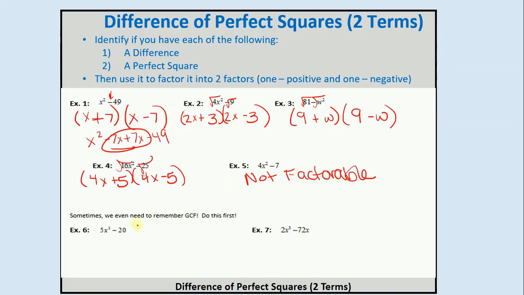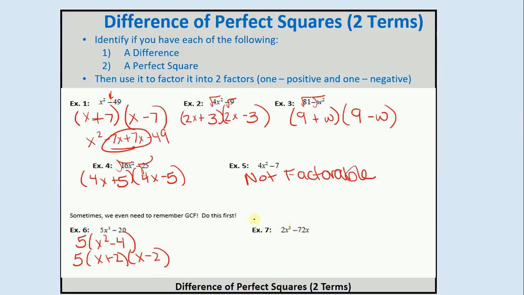Now, sometimes you need to take that GCF first. That's always something to keep in mind. Always look for a GCF. So it looks, guys, that I have a 5 common between those two. So I'll have an x squared minus 4 if I divide out that 5. Notice, guys, now x squared minus 4, that is a difference of perfect squares. So that is 5, x plus 2, x minus 2.